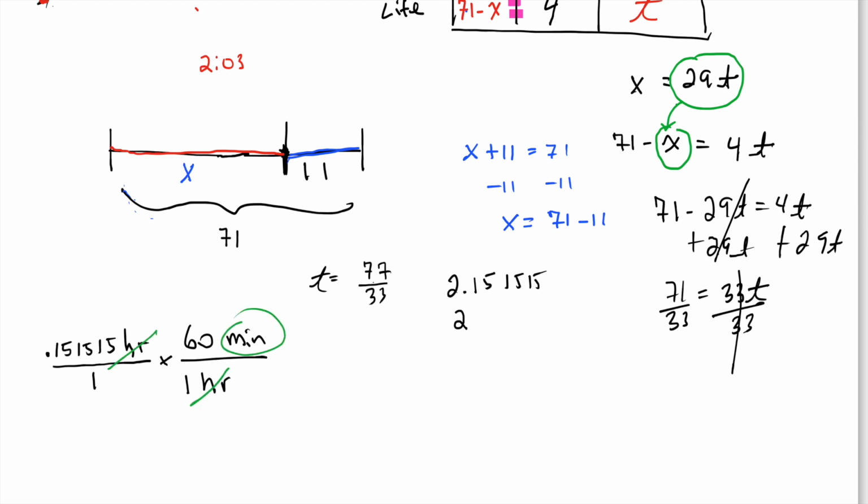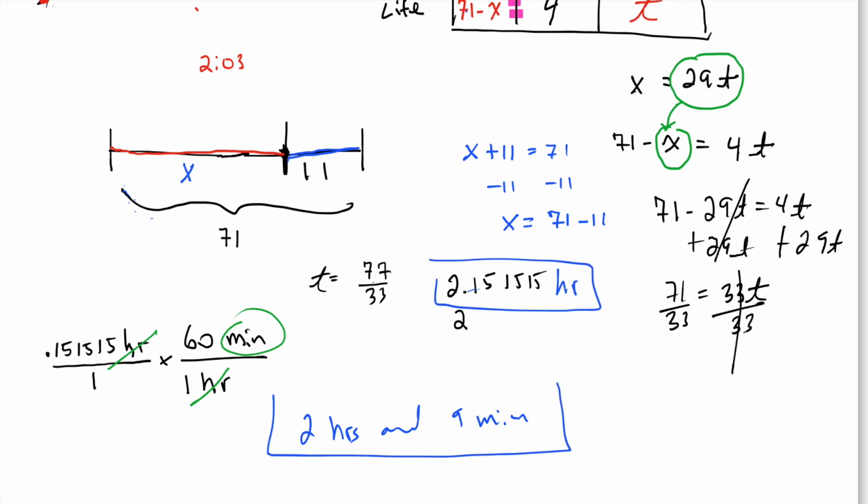And you multiply. 0.151515 times 60, 9.0909. Yeah, exactly. 2 hours and 9 minutes, or 2.151515 hours. Yeah, exactly. You'd be the second one. This one, right?